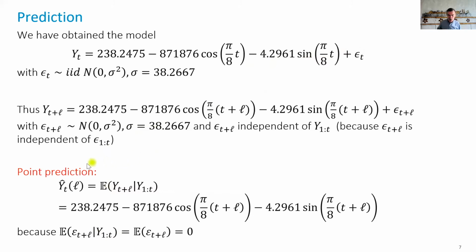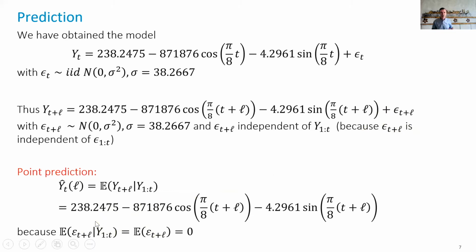For example, if we want the point prediction, we're simply computing the expectation. So the expectation of yt plus L given y 1 to t is the expectation of this term, the conditional expectation, which contains all the constant terms, the non-random terms, plus the conditional expectation of this. Now, the conditional expectation is equal to the expectation because it's independent.